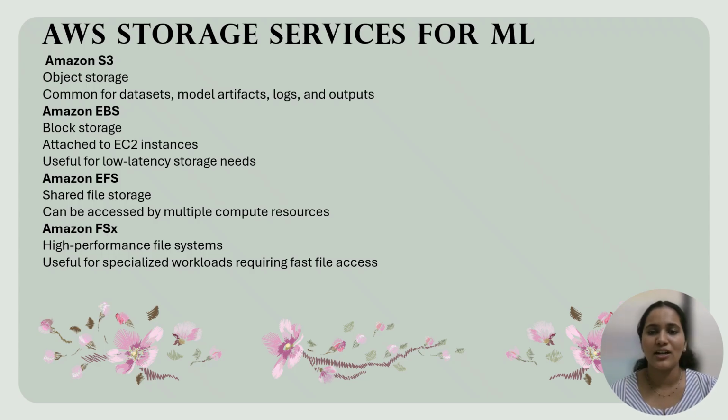Finally, Amazon FSx provides a high-performance file system designed for specialized workflows that require very fast file access, such as high-performance computing and large-scale machine learning training. Choosing the right service helps improve performance, scalability, and cost efficiency.